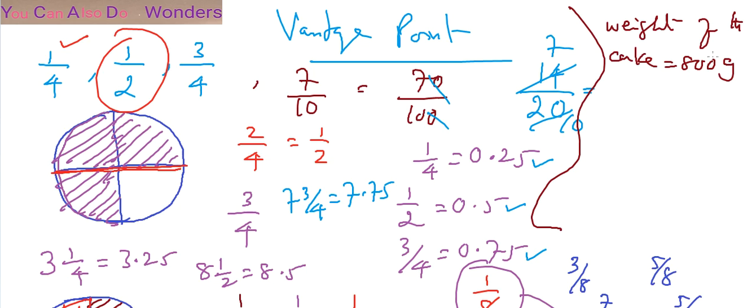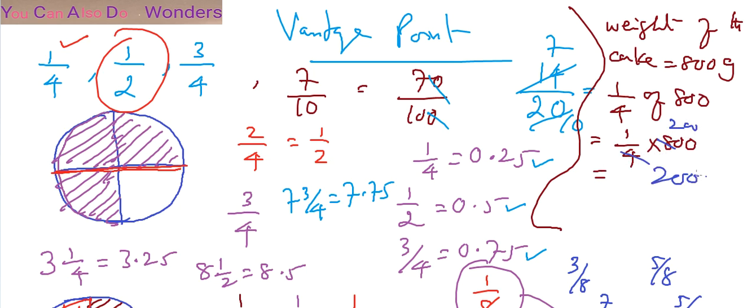Suppose the question is, what's the weight of the cake eaten by your mother? We know 1/4 of the cake is eaten. So that means 1 by 4 of the total weight 800. How to find 1 by 4 into 800? You simplify, 8 divided by 4 is 2, so 200 grams.